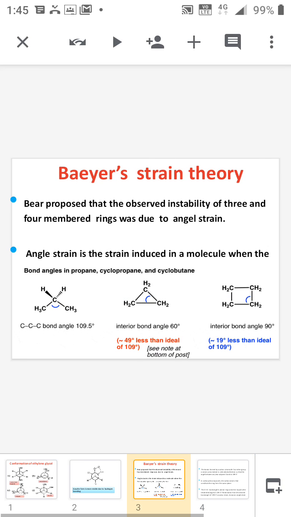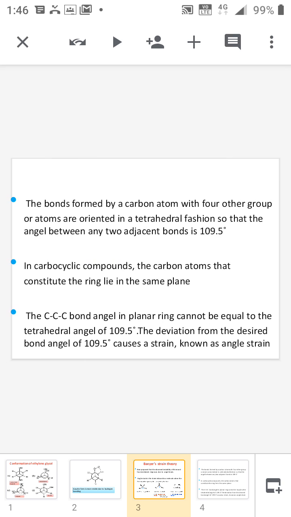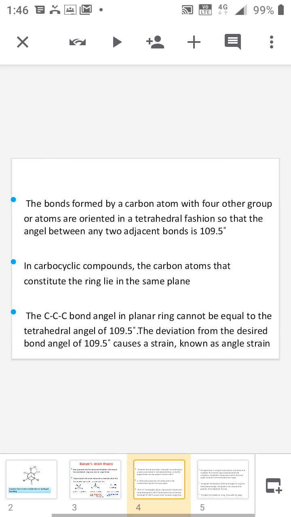I already told you that in cyclopropane the bond angle is 60 degrees and it is 49 degrees less than the normal tetrahedral bond angle of 109.5 degrees. So cyclopropane is really unstable. Similarly, in cyclobutane the bond angle is 90 degrees, which is less than the tetrahedral bond angle of 109.5 degrees. So these rings cause some angular strain.